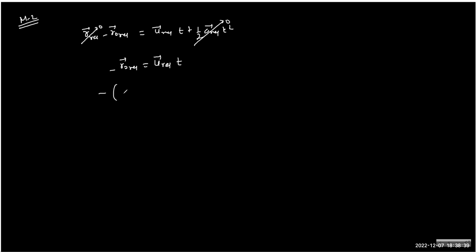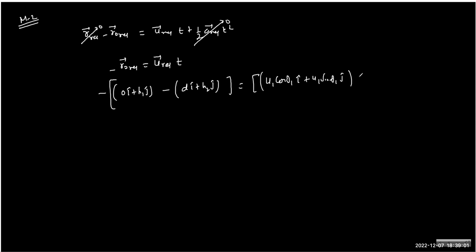So the first particle is having 0 i cap plus H1 j cap, minus the second particle which will have d i cap plus H2 j cap, and this will be U1 cos theta 1 i cap plus U1 sin theta 1 j cap minus U2 cos theta 2 i cap plus U2 sin theta 2 j cap, into t.